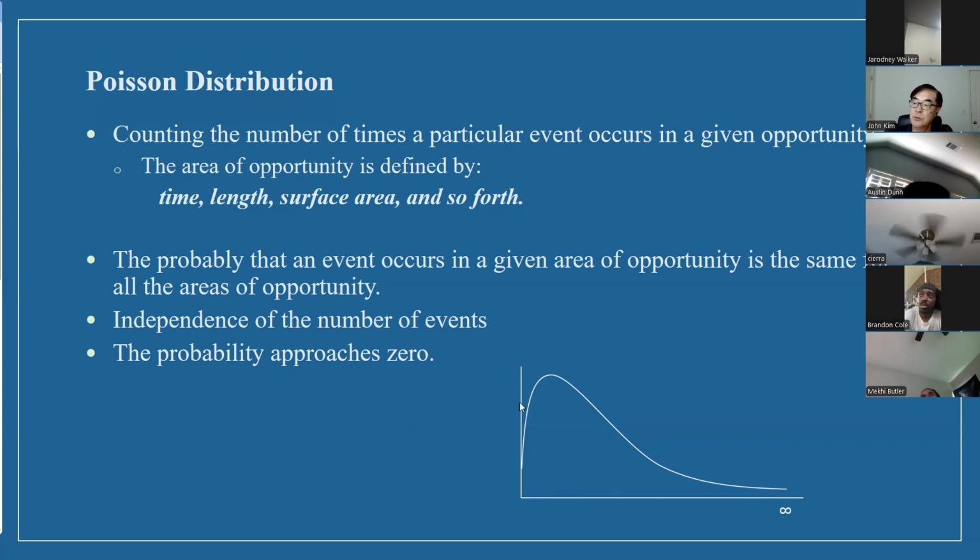The Poisson distribution looks like this, with a longer right tail, skewed. But this tail never touches 0. Earlier, the binomial distribution had a maximum number, like out of 10 customers, a limited number.